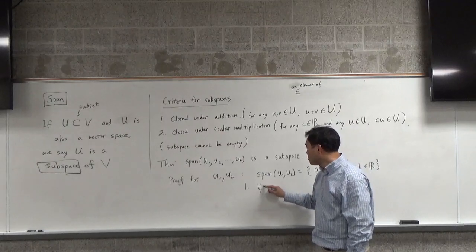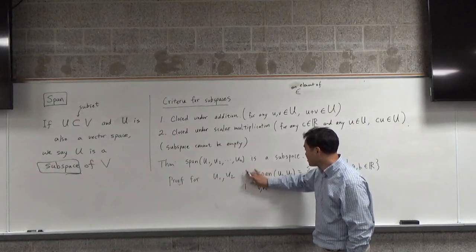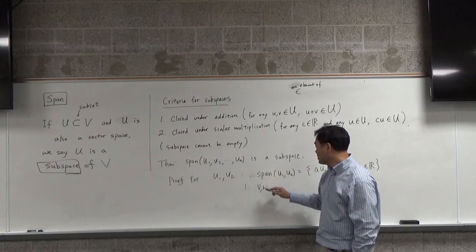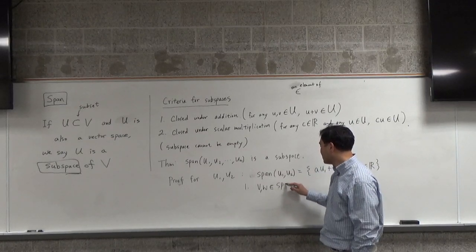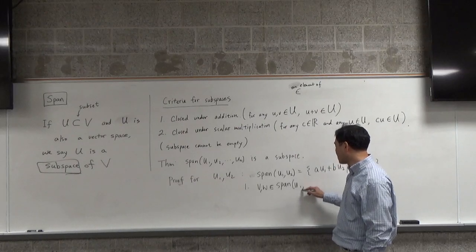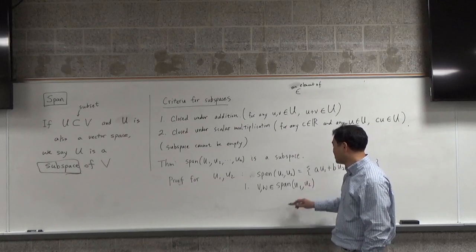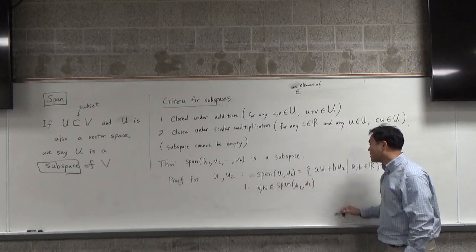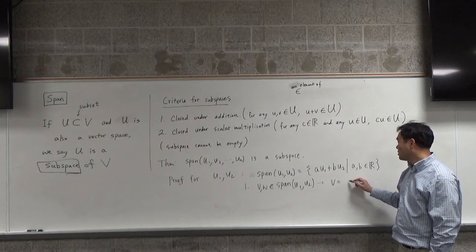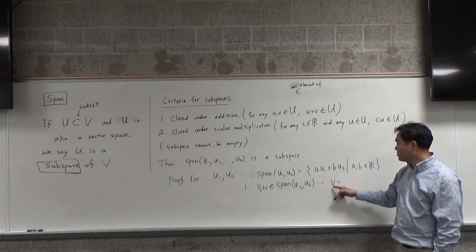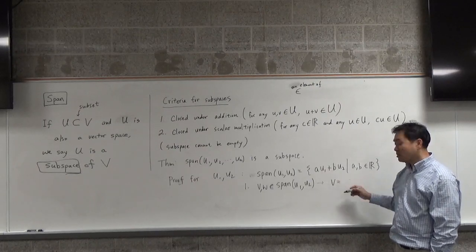If V and W are in the span, then what does that mean? That means V has to look like this, right?